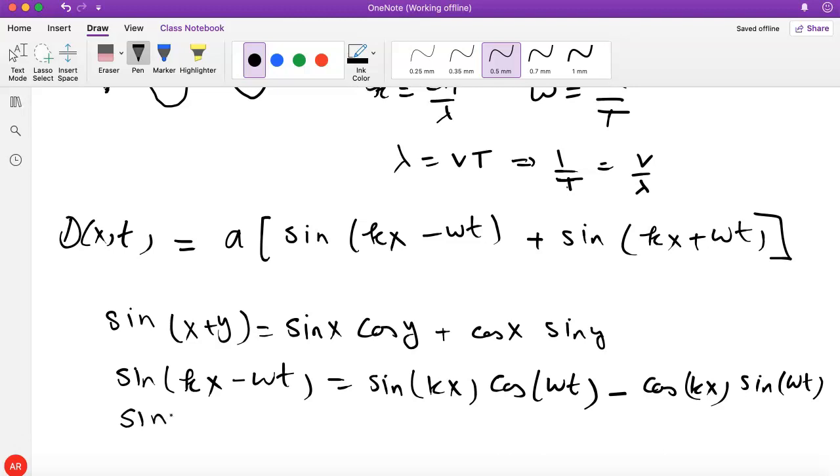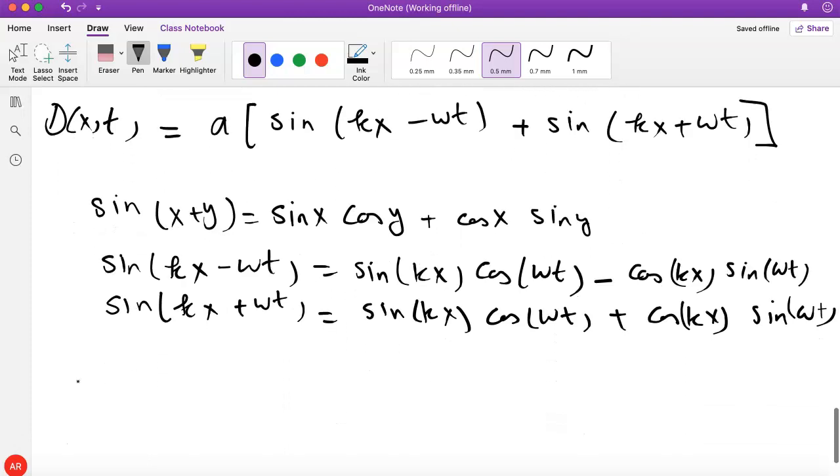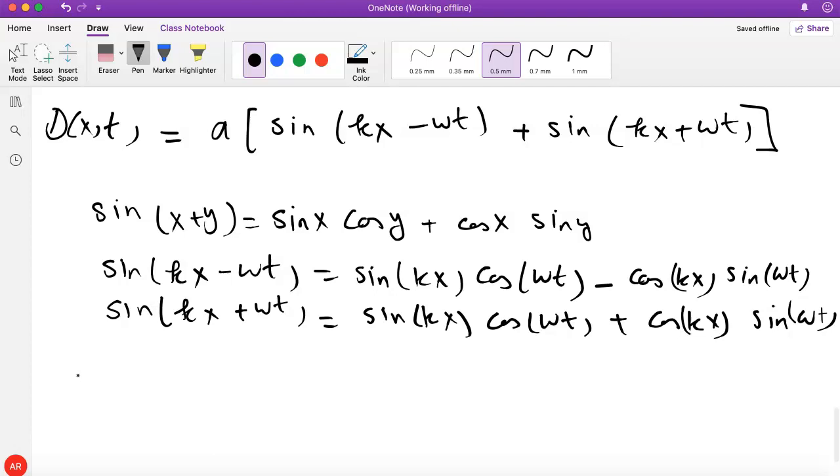Similarly, the other term, sine of kx plus omega t, becomes sine kx cosine omega t plus cosine kx sine omega t. So if I add them, these terms cancel out, and these terms are the same, so they give me a factor of 2.